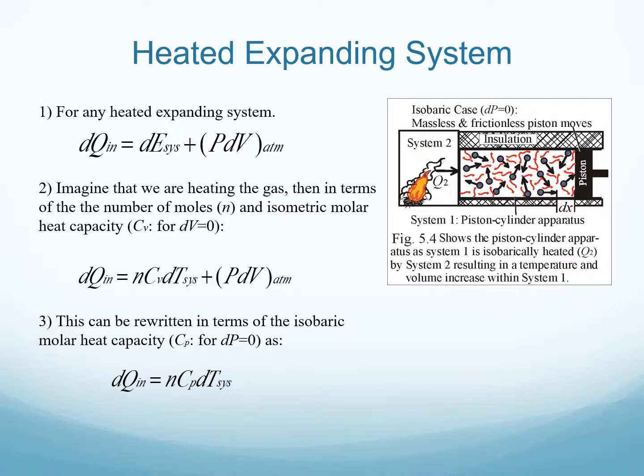For any heated expanding system, you've got dQin equal to the change of the energy of the system, again, plus the work done on the atmosphere. We can imagine that we're heating this gas, and we can express it also in terms of the gas's heat capacity. In terms of the number of moles n and the isometric molar heat capacity, we can write dQin equals nCv dT system plus PdV of the atmosphere.